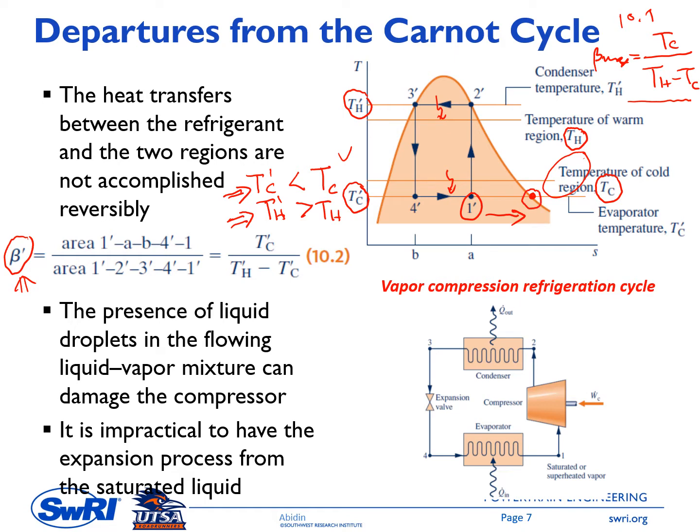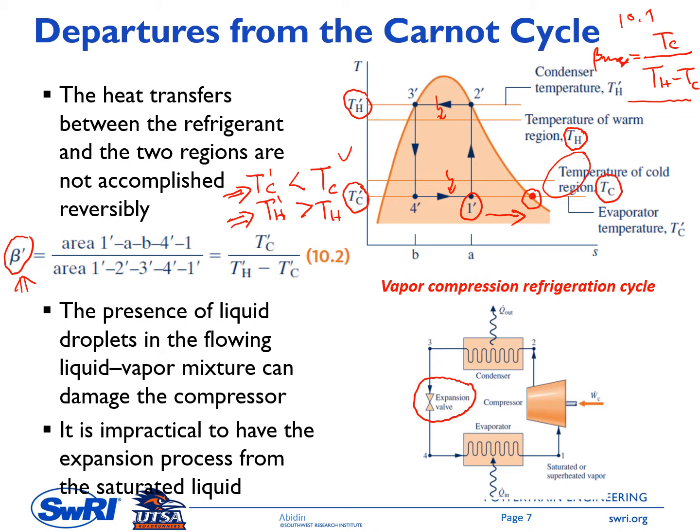Number 3 is that it is impractical to have the expansion process from the saturated liquid. Yes, we get some work from this expansion process, but the amount of the work is very small. Therefore, in real application, we sacrifice this small work and replace the turbine by an expansion valve.